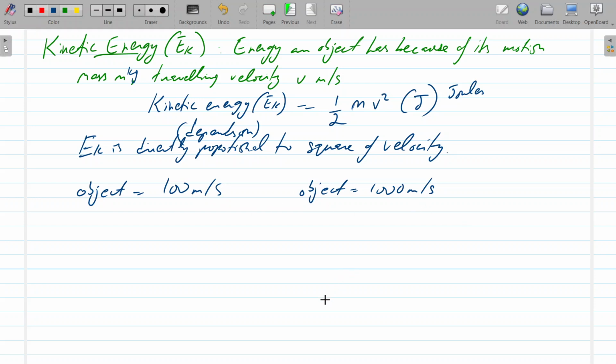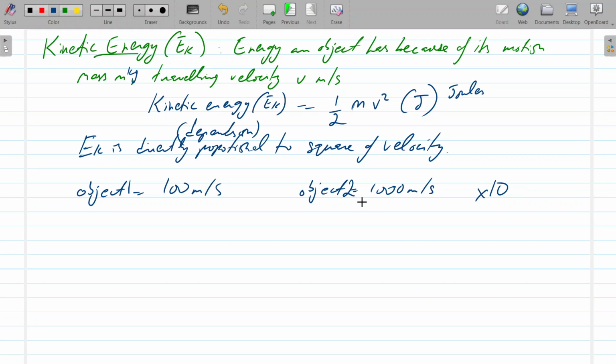Comparing these two objects, how many more times faster is object 2 than object 1? What is the multiplier effect over there? Any guesses? 10 times faster, right?